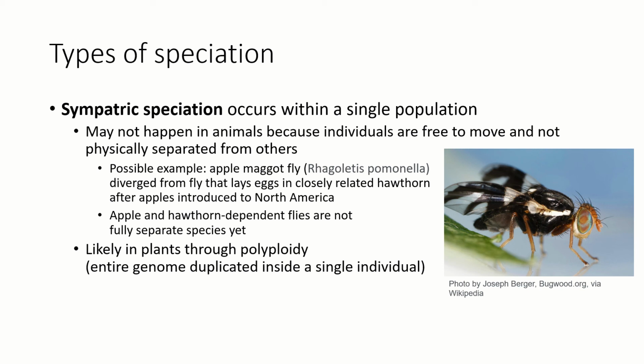Okay. Plants, however, can probably, almost definitely, do instantaneous sympatric speciation through polyploidy, and that's because plants can do something really weird called self-fertilization. Yes, they can make themselves pregnant, only the females, obviously.